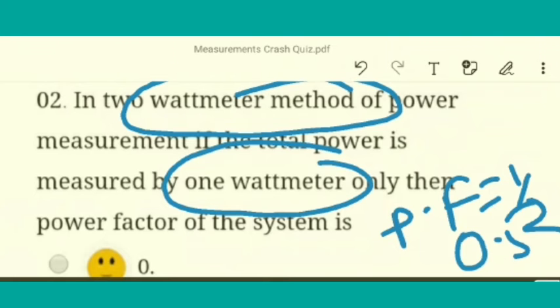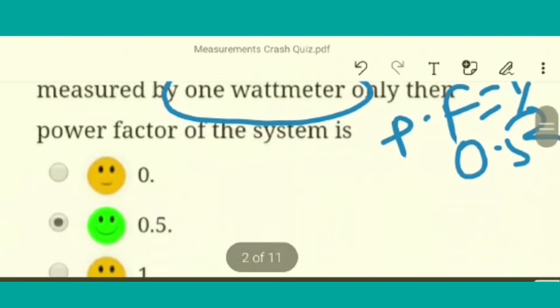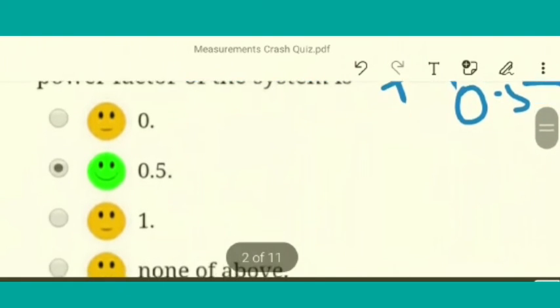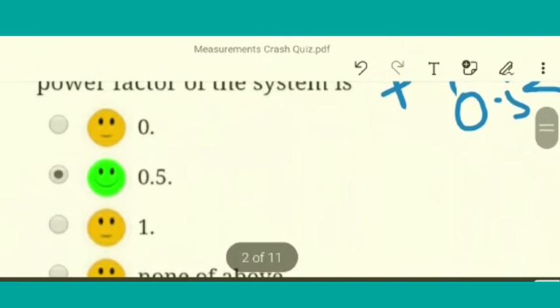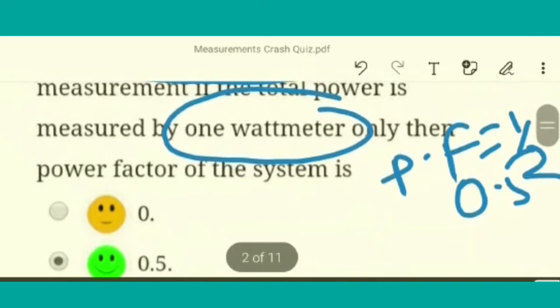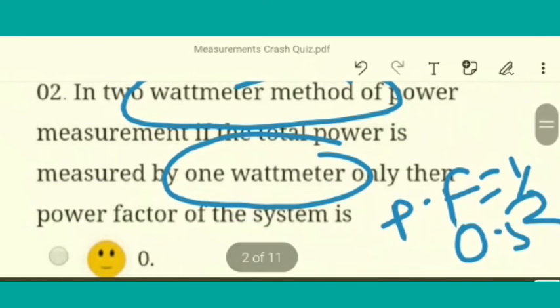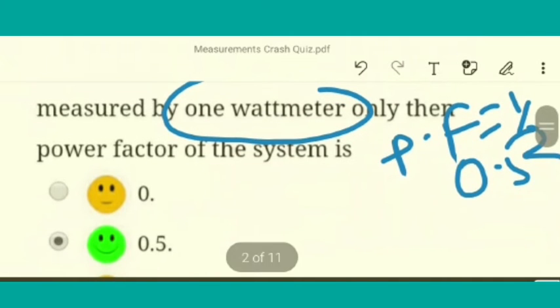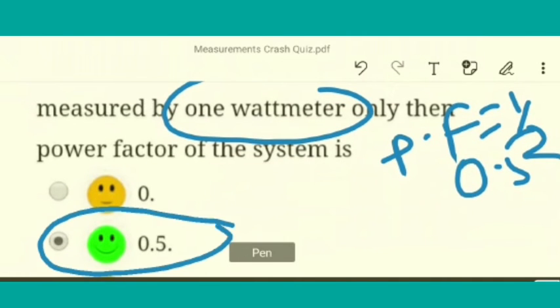The options are 0, 0.5, 1 and none of the above. So if the power factor is 0.5 or 1 by 2, then the power is measured by 1 wattmeter. So our option 0.5 will be the correct answer.